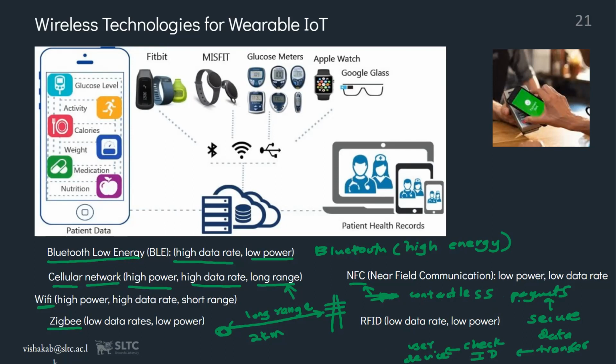In order to do the payments, we need to verify whether the user actually has money in the bank account they are using for the transaction. Only after verifying will the transaction be allowed. So this NFC technology has a way of determining the user's identity using the data it has collected through its communication.